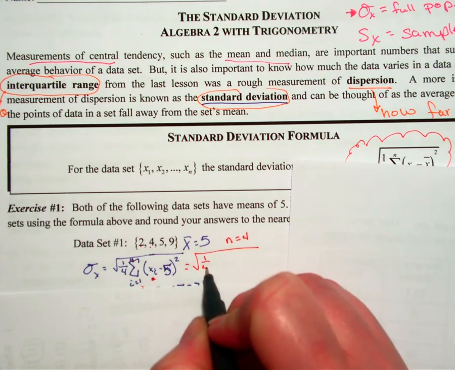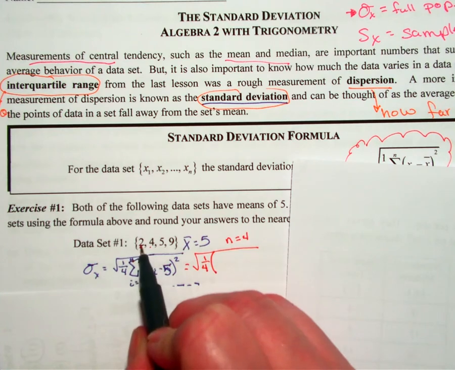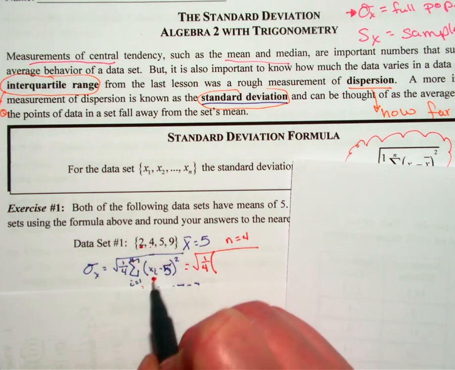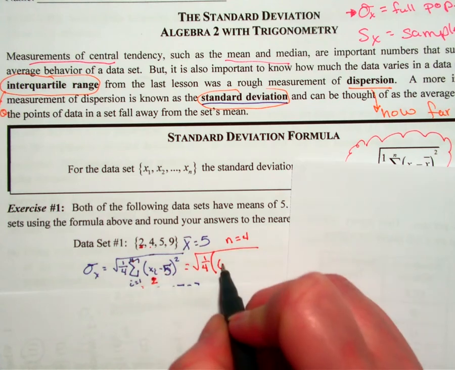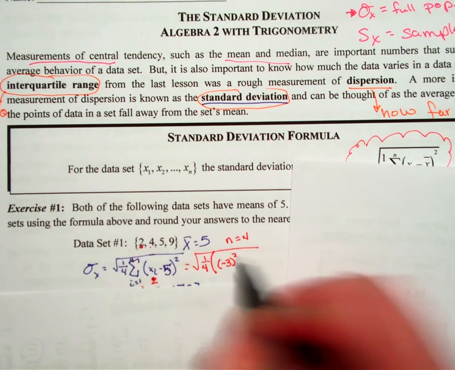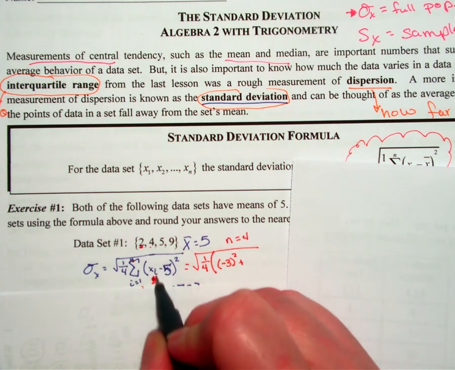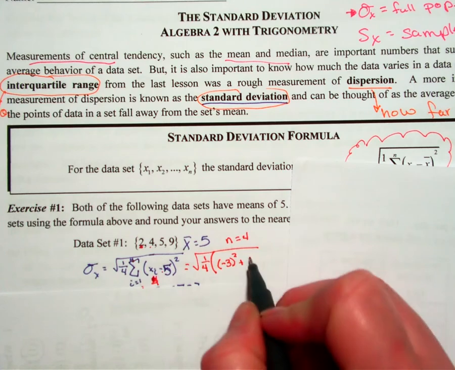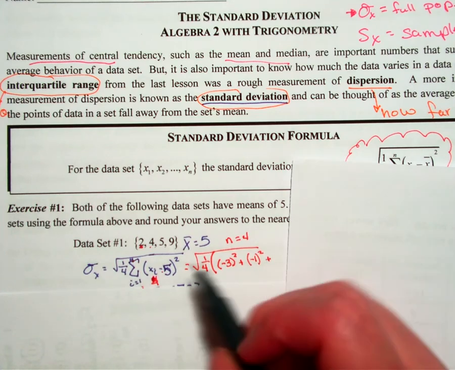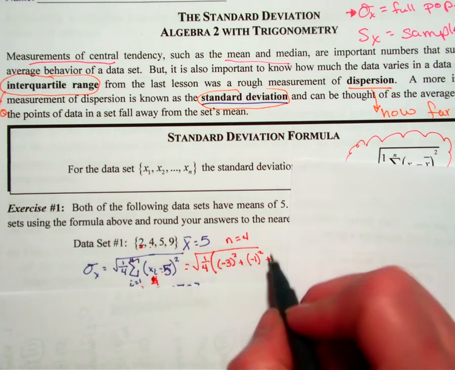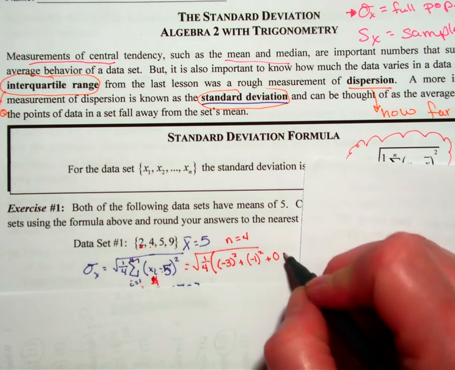So how that would look is you would have 1/4 times. So I'm going to start my first number. My first number here is a 2. So if I plug in a 2 here, 2 minus 5 would be -3, and then it's going to be squared, plus my next number is a 4. So if I plug 4 here, 4 minus 5, it'd be negative 1 squared, plus, plug in a 5. 5 minus 5 would be 0. 0 squared is just 0, so I'm going to leave that as a 0.